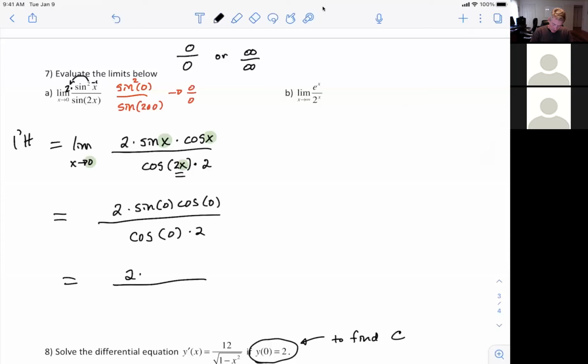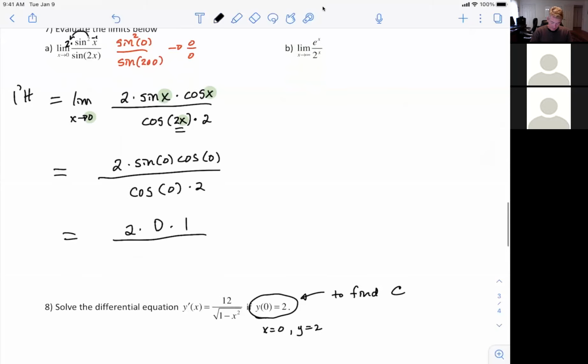Sine of 0 is 0, and cosine of 0 is 1. On the bottom, cosine of 0 is 1 times 2, so on the bottom, it's a 2. Since there's no division by 0, that means it's defined. And on the top, there's 2 times 0 times 1, so it's 0 divided by 2. The answer is 0.